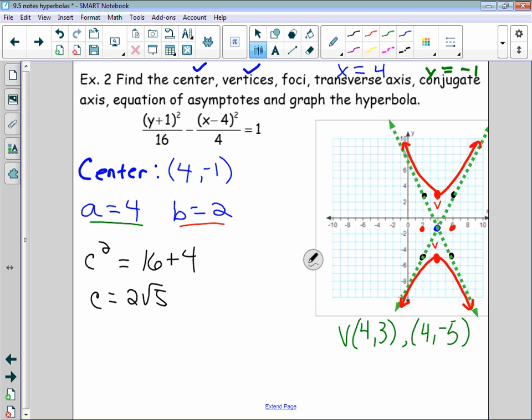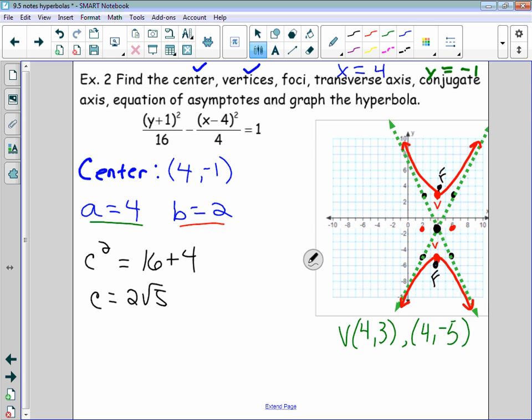So as far as our foci are concerned, they will be whatever that 4.4-ish is away from the center, and they will be arranged vertically. So they'll be somewhere like here and here. All right. So what value is getting impacted there as you move from the center, x or y?